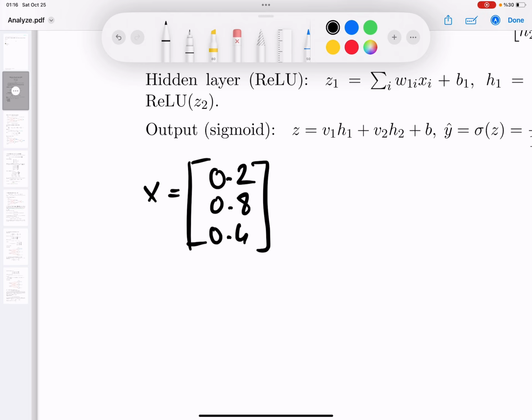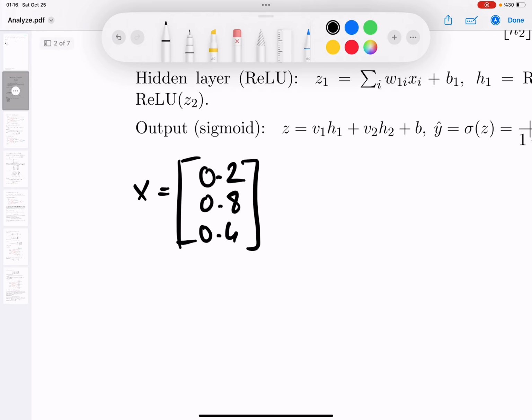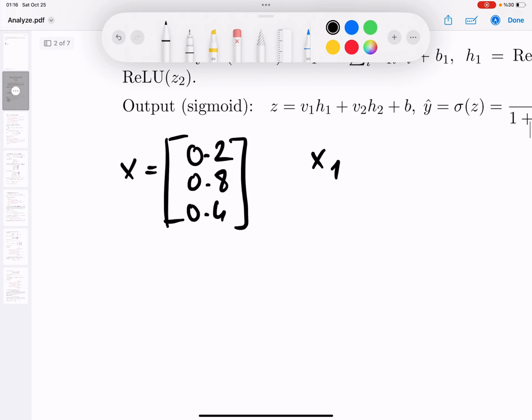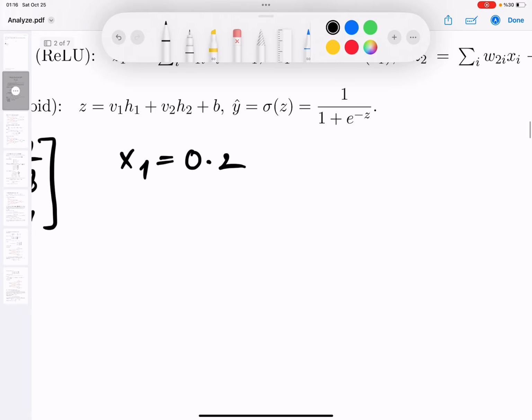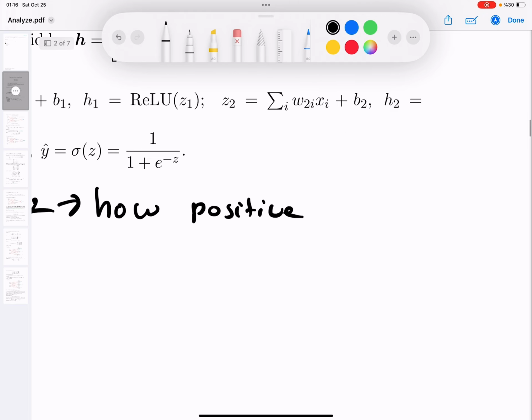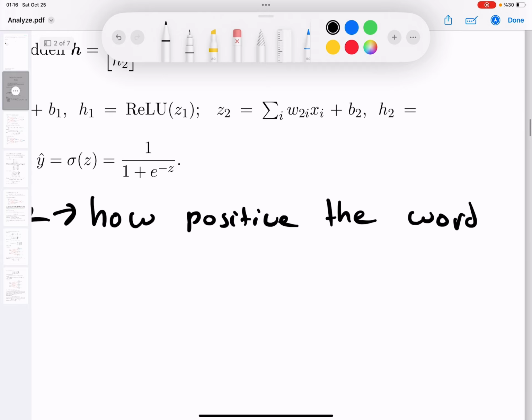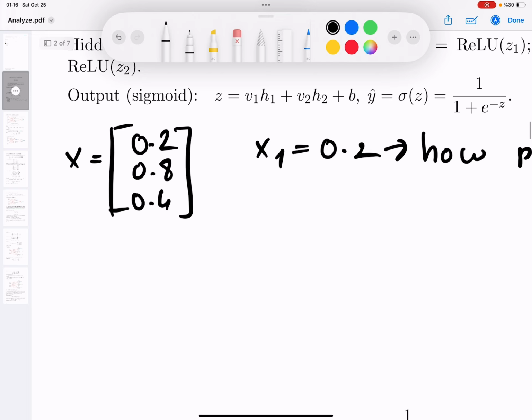Think like you can say x1, how positive the word sounds. By the way, you can find the PDF in the description.